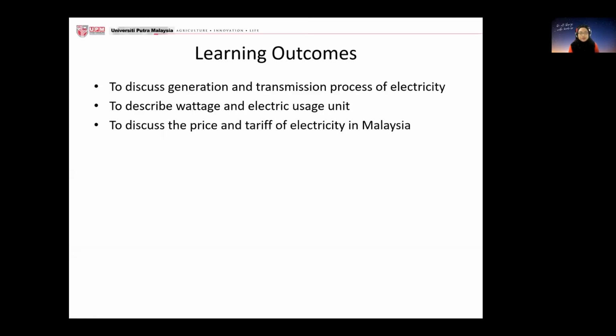In this class, we are going to learn about first the generation and transmission processes. Then we'll also describe voltage and electric usage units. And lastly, we'll top it off with a discussion on the price and tariff of electricity in Malaysia.